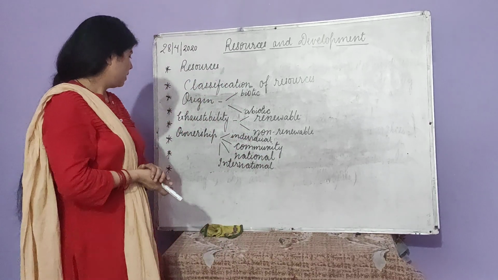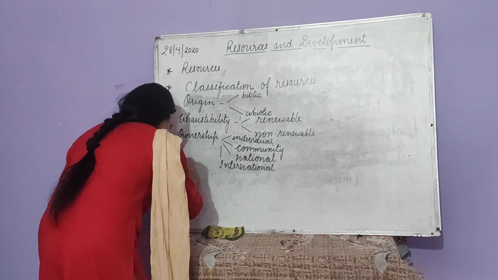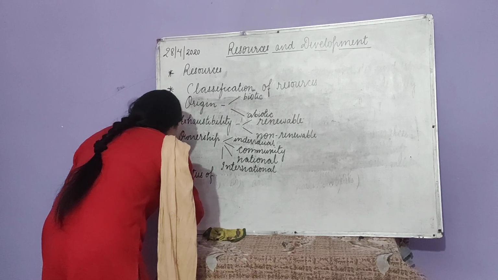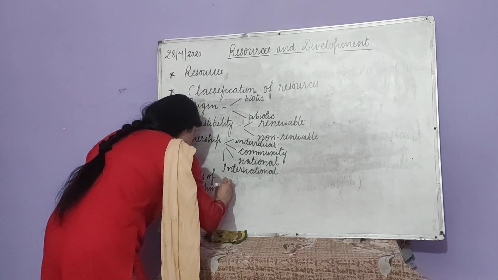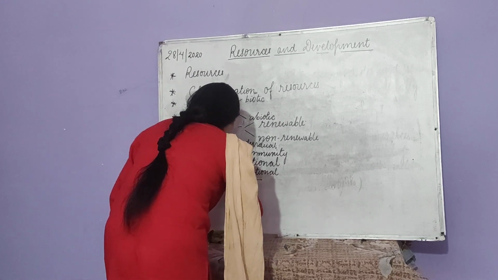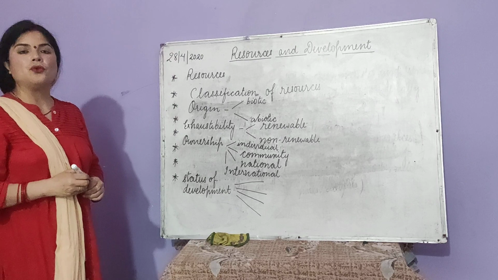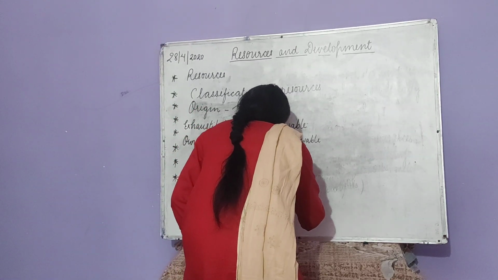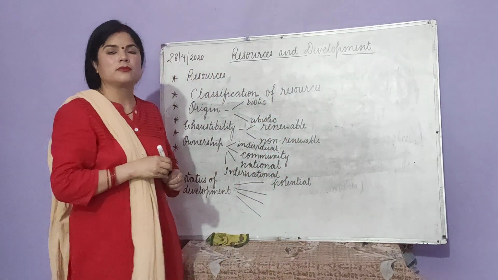Freely. Now, last comes the classification on the basis of status of development. Again, we have to classify these resources into 4 ways. First, potential resources.